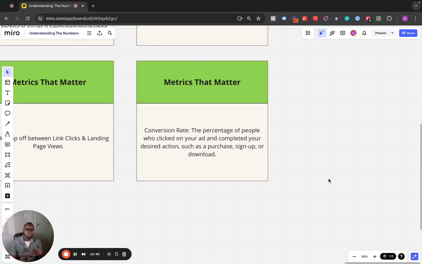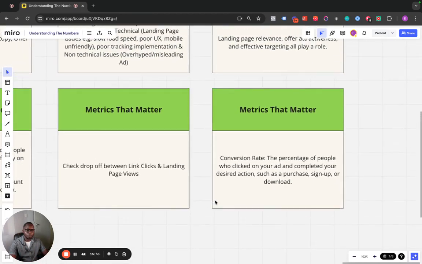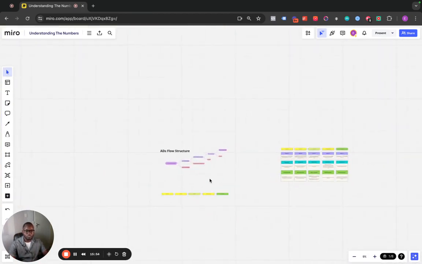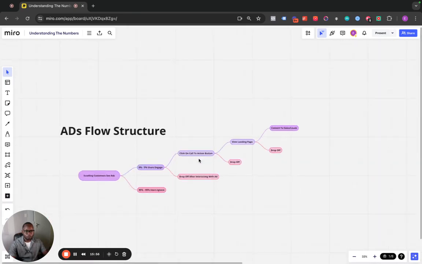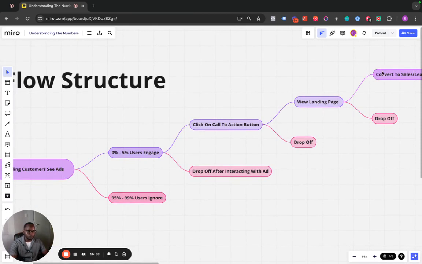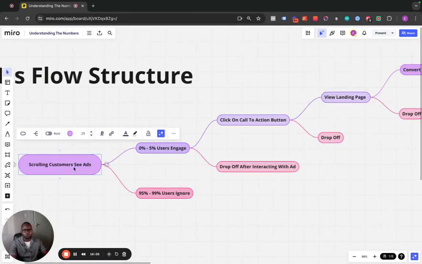There's a conversion rate of the users who've landed on the landing page vis-a-vis the users who converted, or you can also look at it as the conversion rate from the people who saw. So this is the conversion rate: people who converted versus the people who saw.